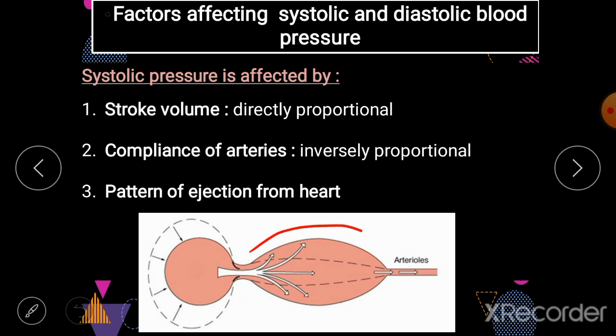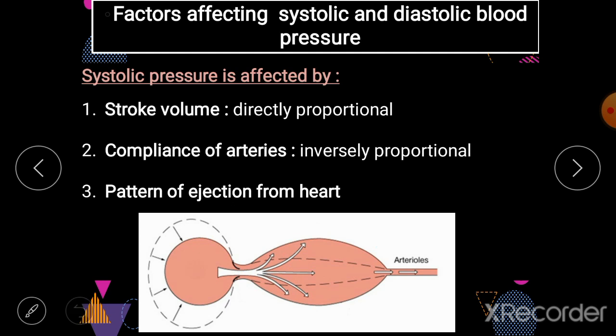If aorta is less compliant, or if it becomes less elastic, or if it becomes stiffened, now the blood which is pumped into the aorta is faced by a rigid and a stiff blood vessel, and the pressure within this vessel will rise. So, when the compliance of aorta decreases, systolic blood pressure increases.